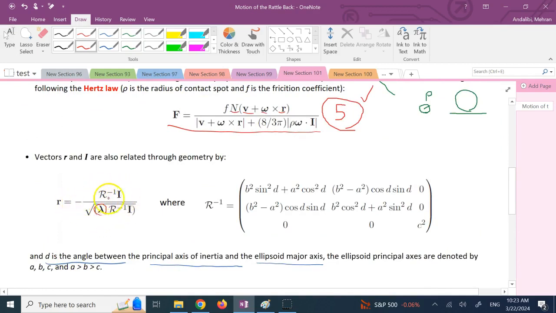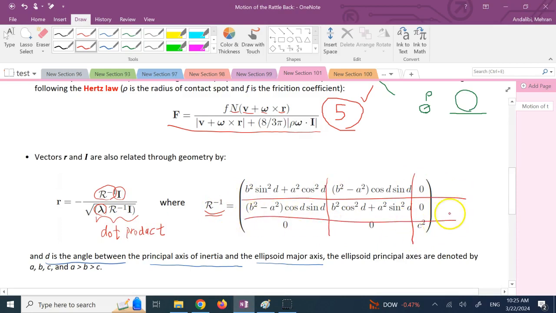R is negative of a matrix R inverse times I divided by square root of, here this is a dot product, so this is a dot product of lambda and R inverse dot I, where this R inverse matrix is given by, here you see this 3 by 3 matrix.